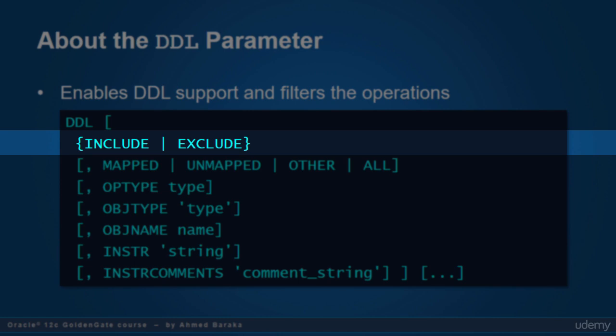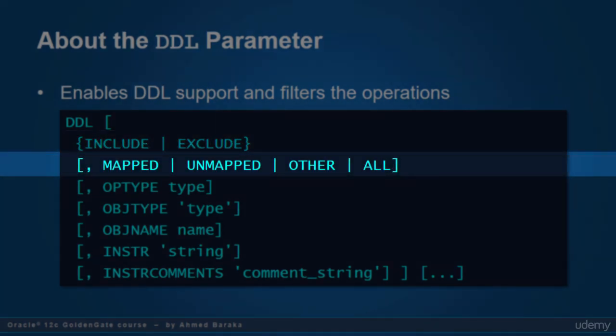INCLUDE includes specific DDL for capture or delivery, and EXCLUDE excludes specific DDL from being captured or delivered. The inclusion or exclusion clause must consist of the INCLUDE or EXCLUDE keyword followed by any valid combination of other DDL parameter options.